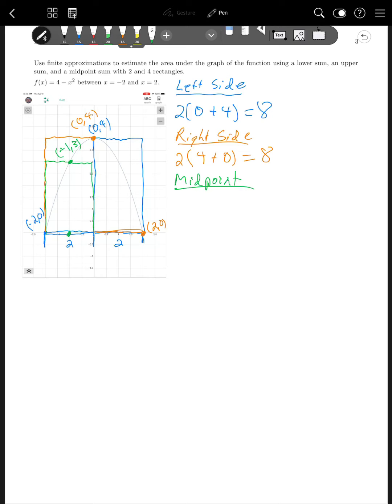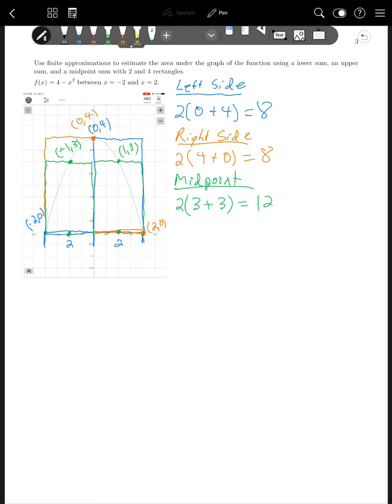And then last but not least, if we did the midpoint, so the midpoint of this first region is halfway between the two endpoints, -2 and 0, so that would be at -1. So we find the height at -1, so that's 3, and so our rectangle would have that height.